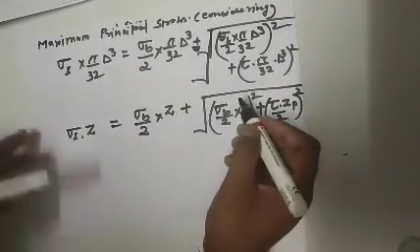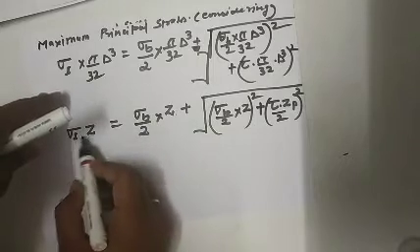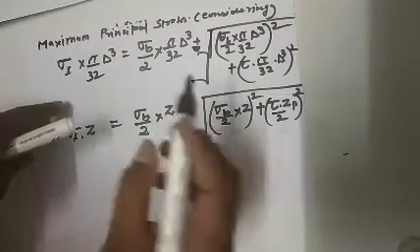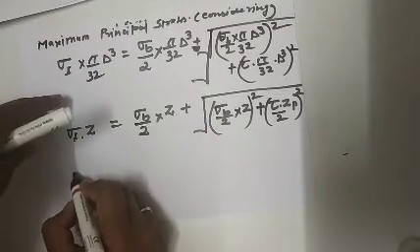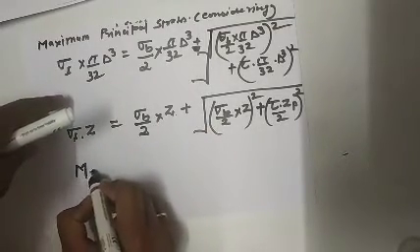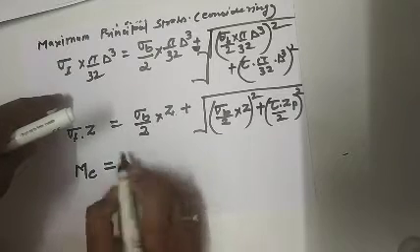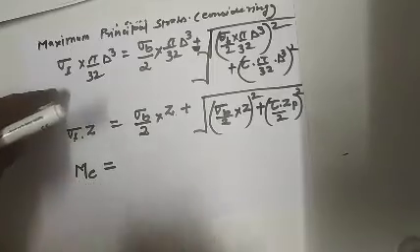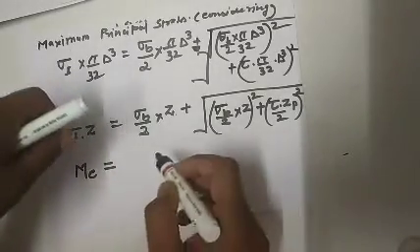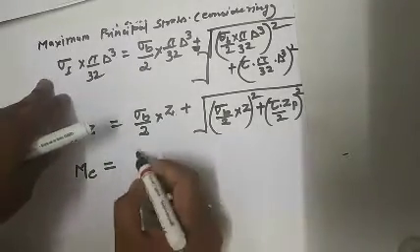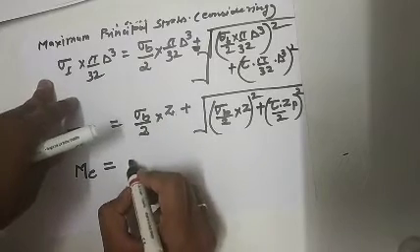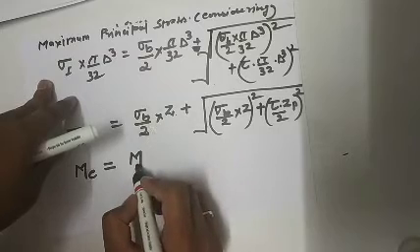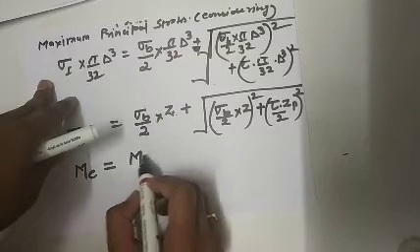Now we know that sigma 1 into Z, where sigma first is the maximum principal stress, into section modulus here will be equal to, say, Me, that is the equivalent bending moment set up in the shaft due to the combined effect of bending and torsion, right? And sigma b by 2 into Z will be equal to M, that is the bending moment set up due to bending only, right?